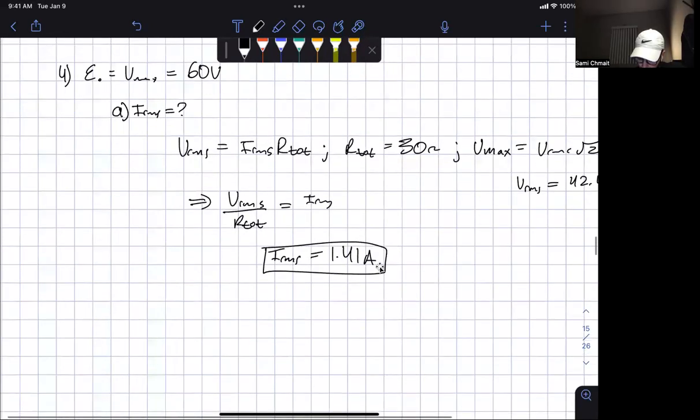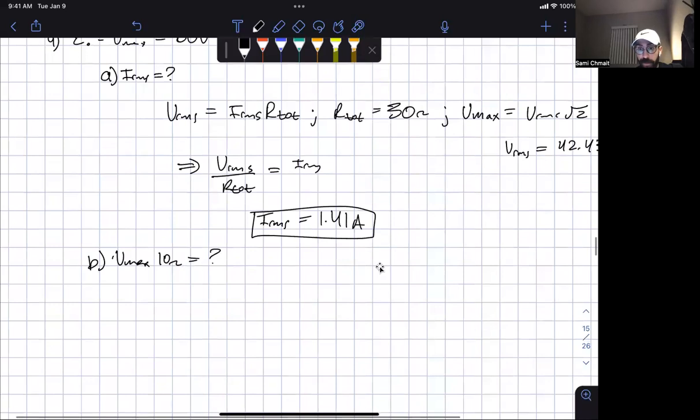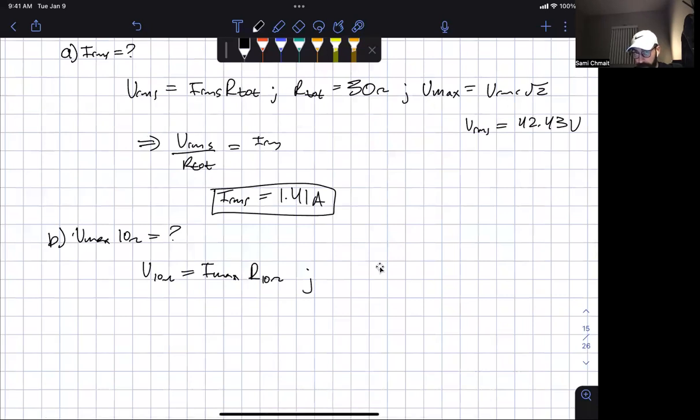So when we're looking for V max, we're going to need to plug in I max and then the resistance of the 10 ohm resistor. And what is that I max equal to? Well, I max is just equal to V max divided by R_eq.